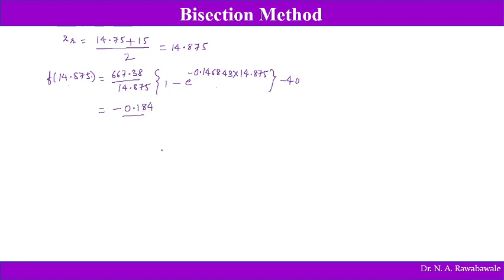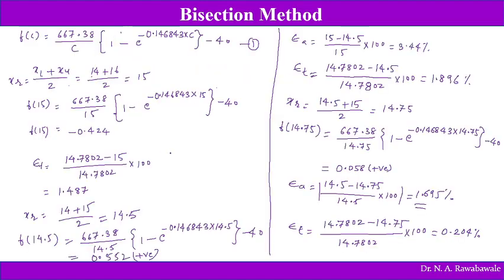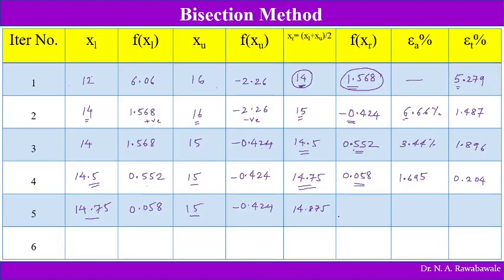This is a negative value. Now we can find the approximate error.